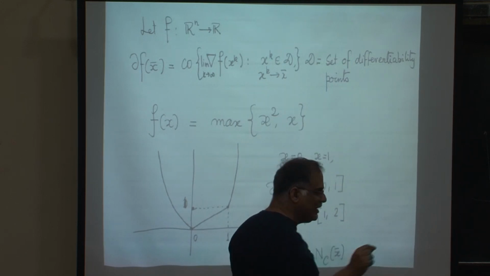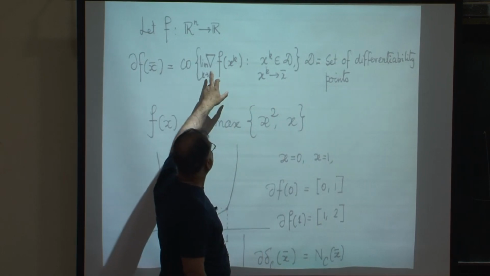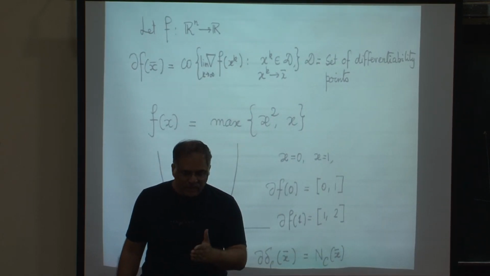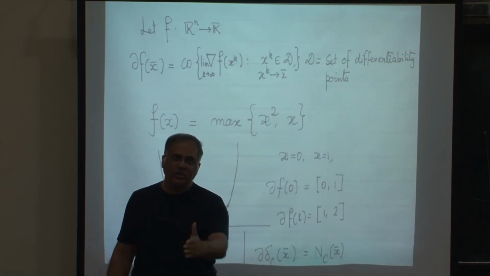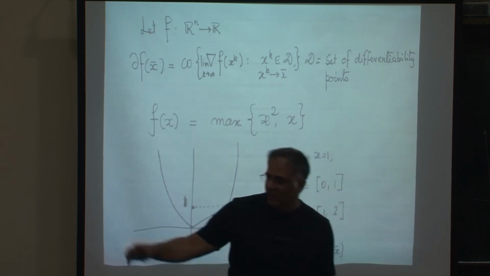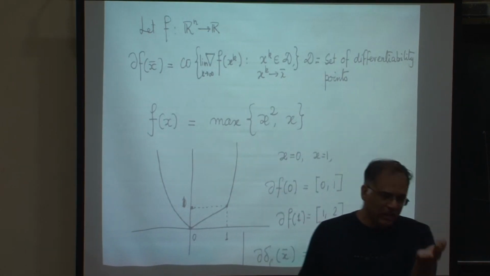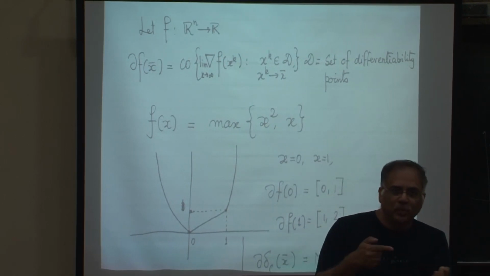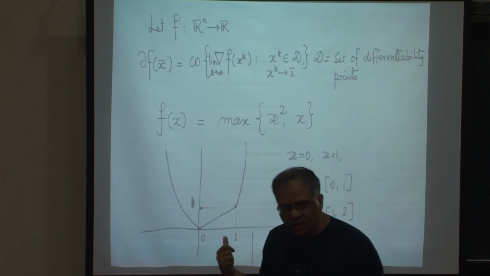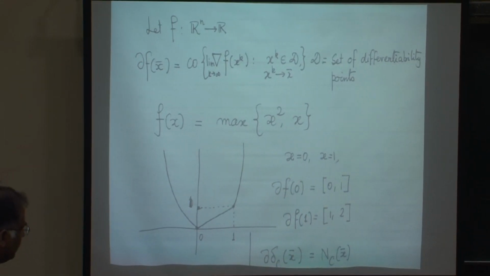You move along those paths. At those points xk, where xk are points of differentiability, you compute the gradient of f at xk. Take one sequence, calculate the gradient of f at xk, and take a limit. Similarly, you take another sequence, because in Rn or R2 there are many paths. We will show an example in R, where you will see just two paths.